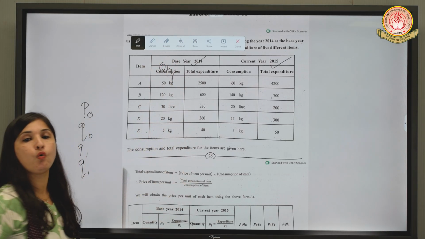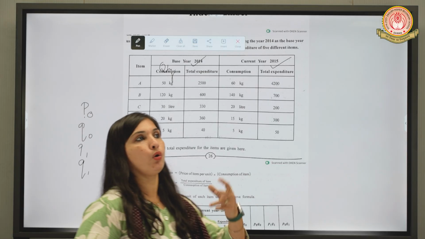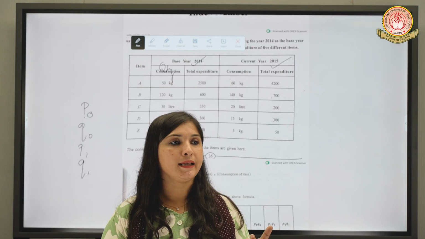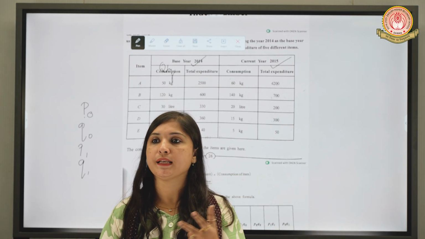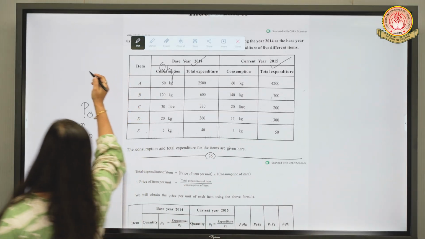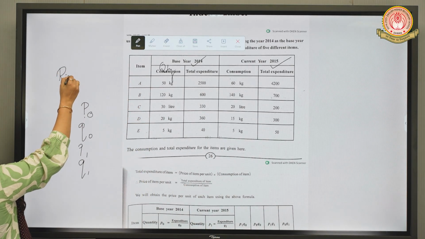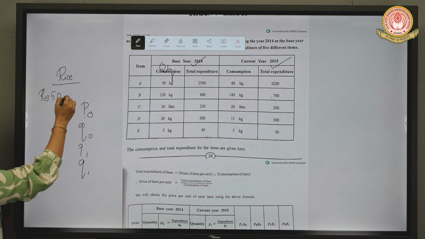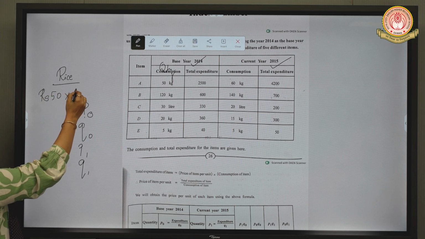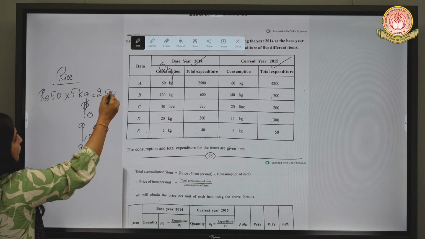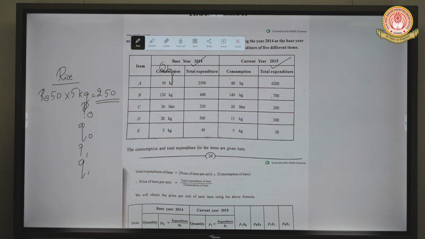Now, suppose you are going to purchase rice, 5 kg of rice, and the price is 50 rupees per kg. How much price will you pay? How much expense have you incurred? 250 rupees is your total expenditure.